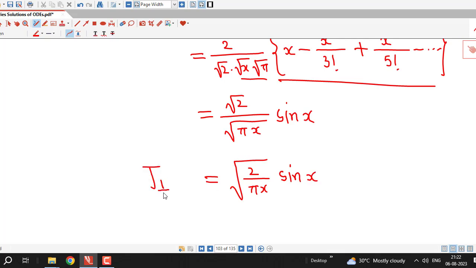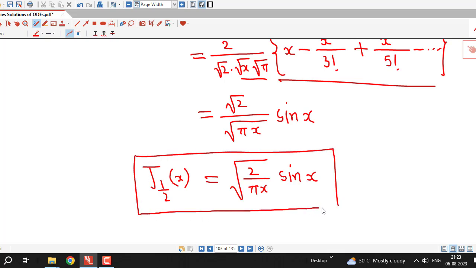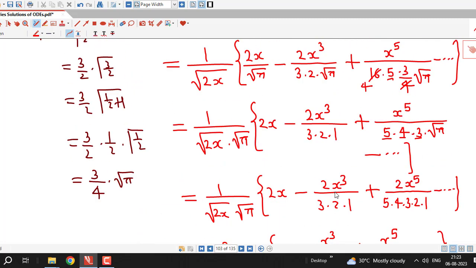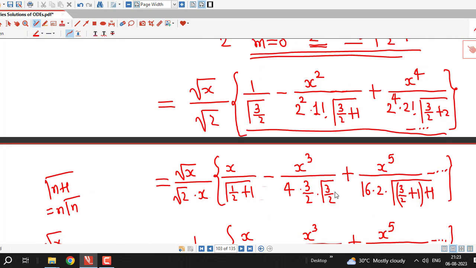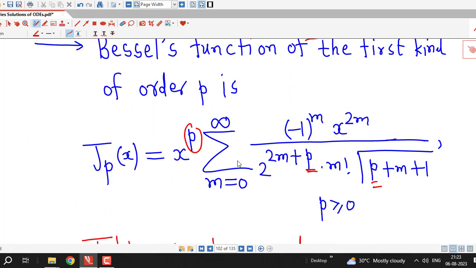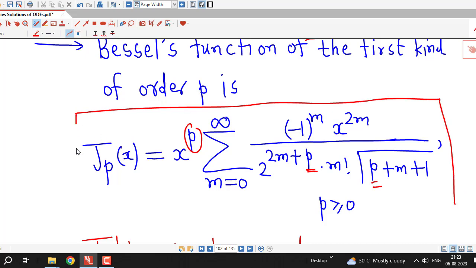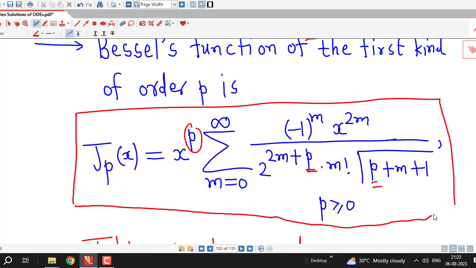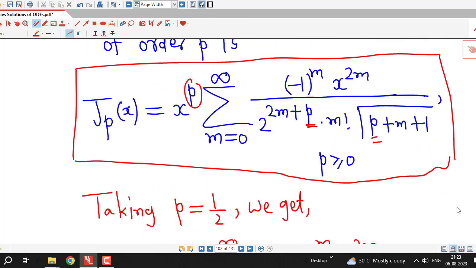Therefore we have shown that Bessel's function of order 1 by 2 is nothing but square root of 2 over pi x into sin x. So here we have used properties of gamma function, and we are using just the definition of Bessel's function of the first kind of order p, and we are interested in the Bessel's function of order 1 by 2.